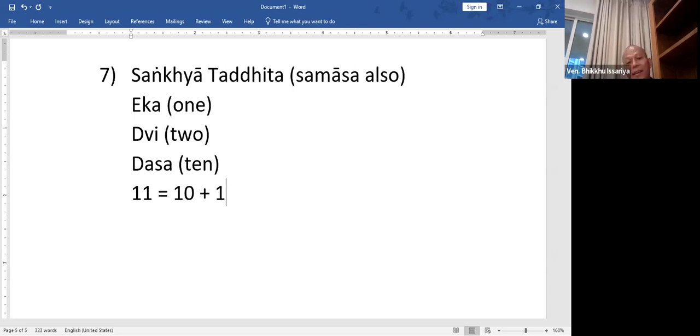That is like in English. But in Pali, sorry, this one is the English system. But in Pali, 11 is like 1 plus 10.